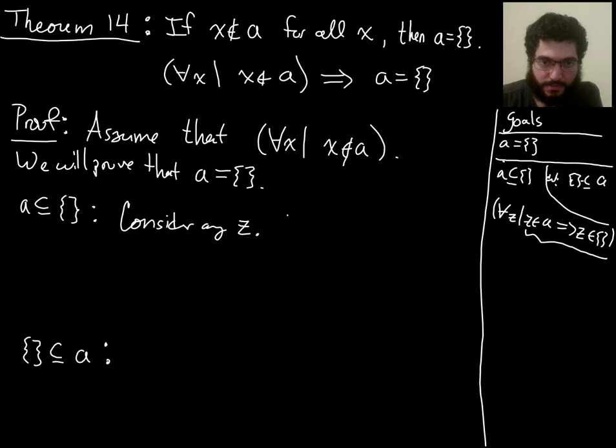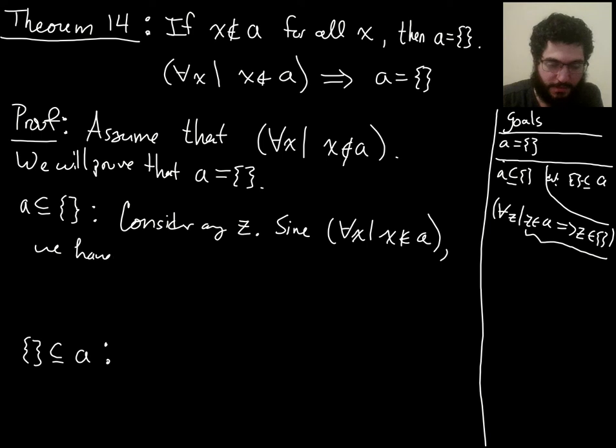Since nothing is in A, we have in particular, so this is universal instantiation, that z is not in A. Right?